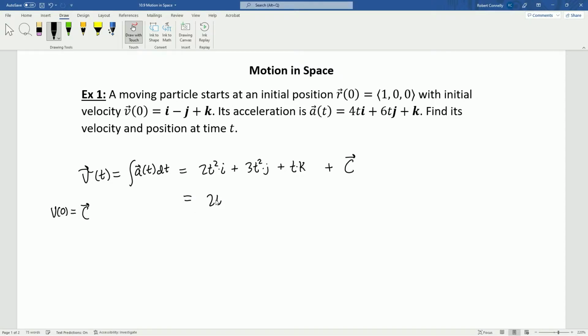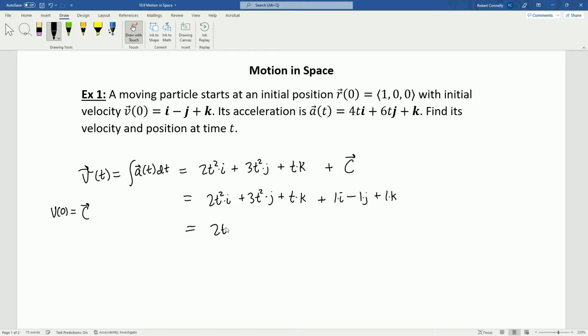So this is 2t squared i plus 3t squared j plus t times k plus 1i minus 1j plus 1k. Now we're just going to combine each of our components. And what do we get?